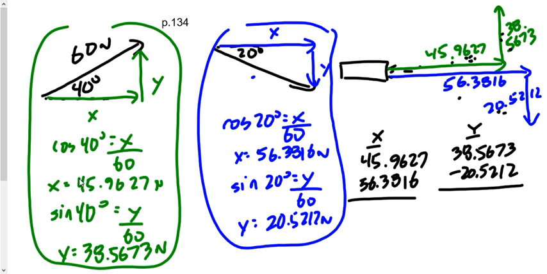Okay, let's add these up here now. 45.96 plus 56.38 gives me 102.3442.